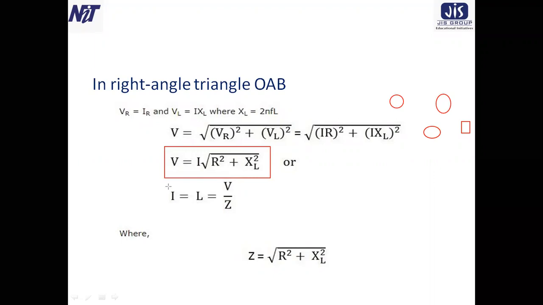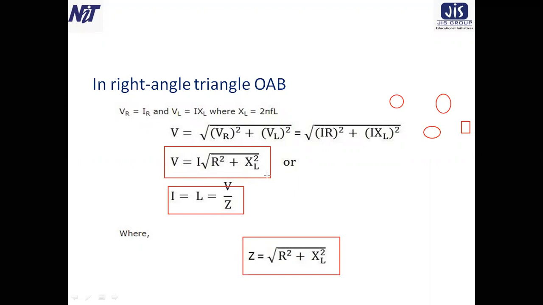Or you can say that where I, what is I? I is equal to V by Z. And where Z equals to root over R square plus XL square.